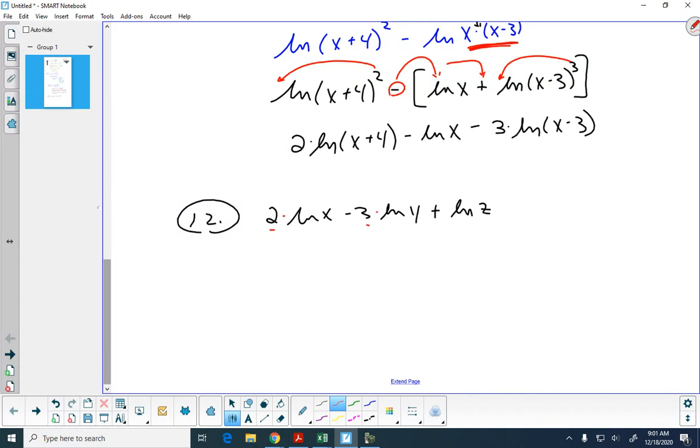Both these coefficients will go to exponents. So we are left with ln of x squared minus ln of y cubed plus ln of z.